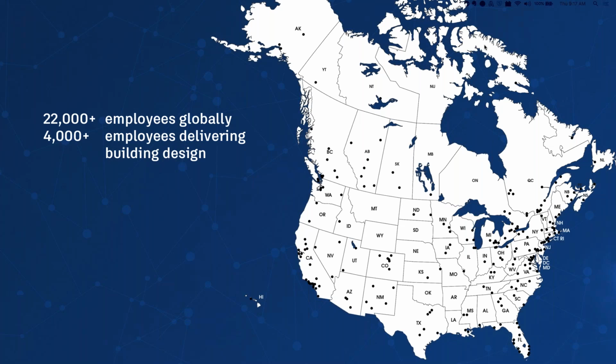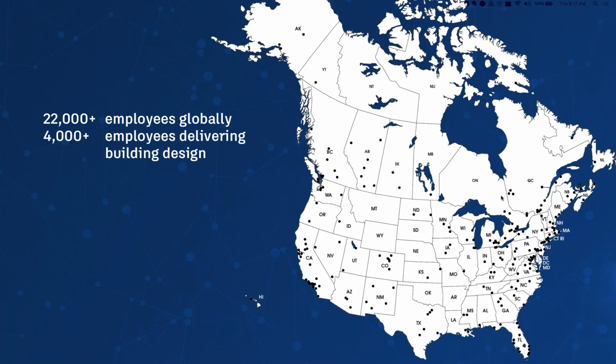Which kind of leads me into our next poll. I want to pause and get a taste of where our attendees are at in some of this regard as well. I have two poll questions here. The first one is: how do you collaborate today?